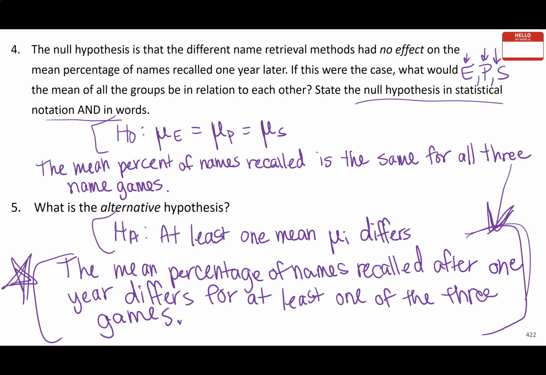There is blank evidence the mean percentage of names recalled after 1 year differs for at least one of the 3 name games. Oh my gosh, my handwriting is horrible, I'm sorry. So absolutely practice writing this. It is incredibly important. If you are unable to write the alternative hypothesis in words, it's going to be very, very difficult to do your write-ups.